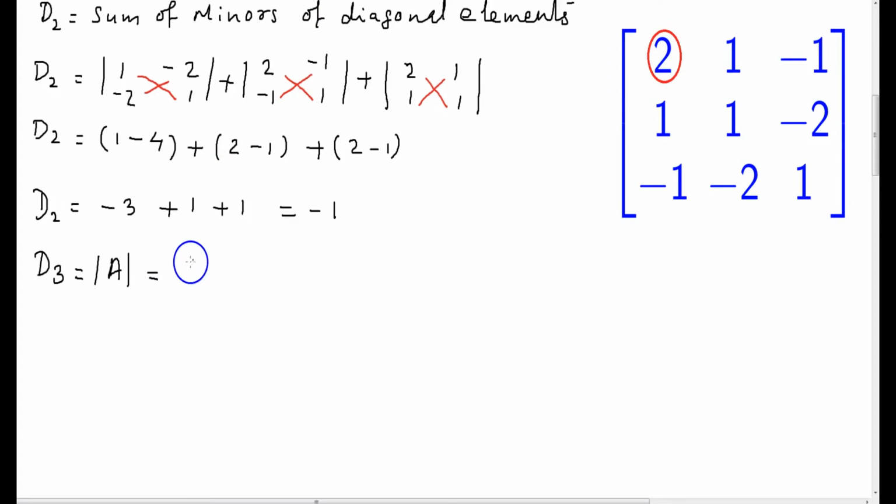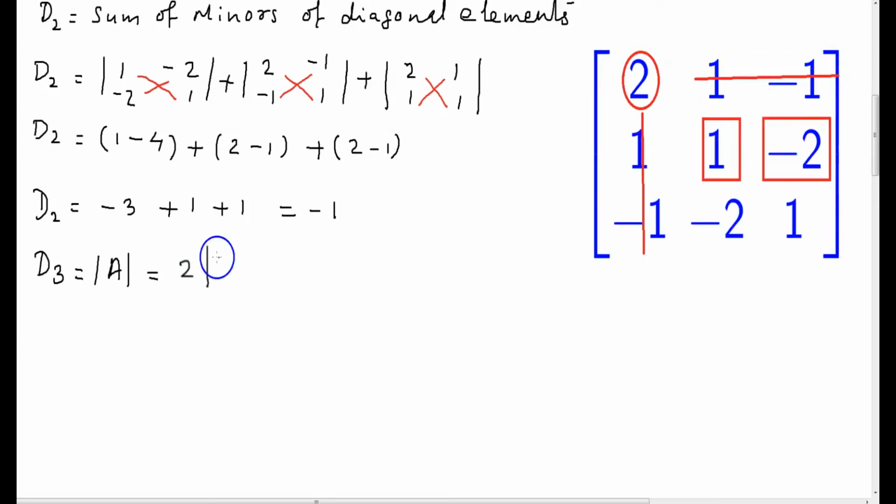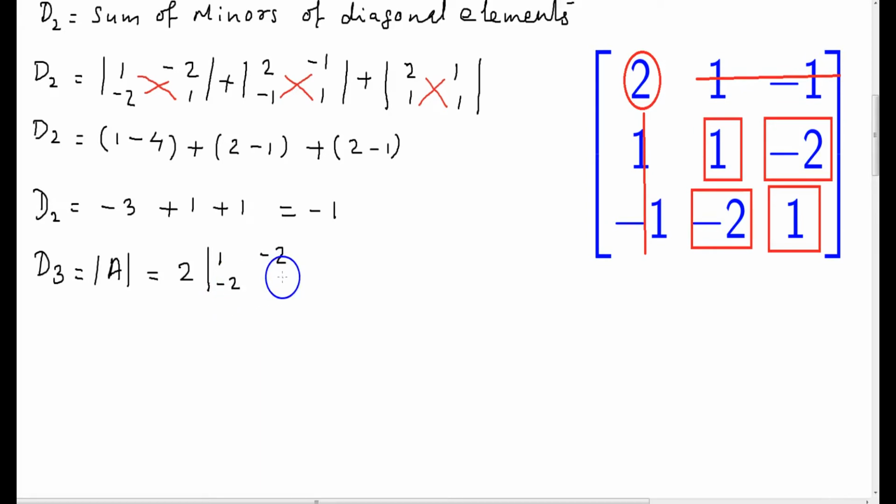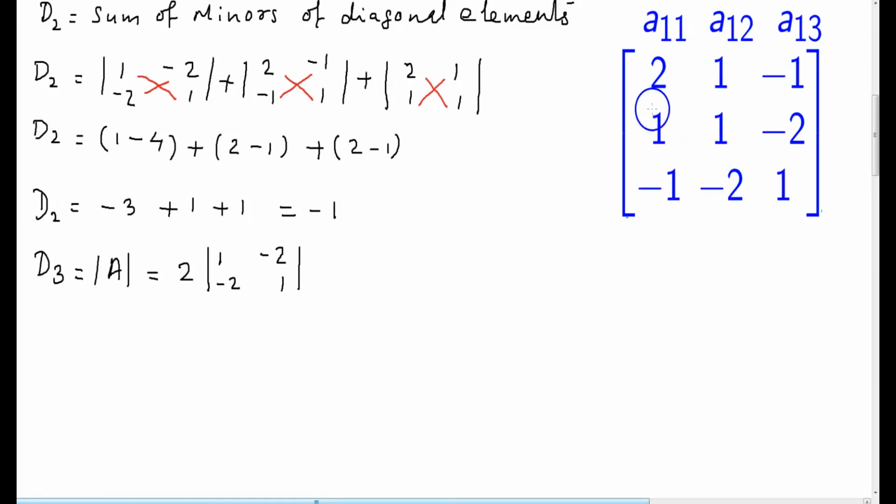Here A11 is 2 and minor of A11 is mod 1 minus 2, minus 2 1, minus A12 into minor of A12.